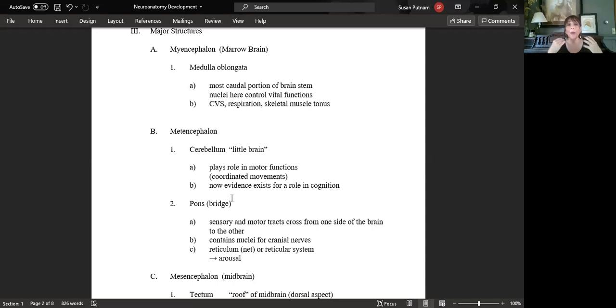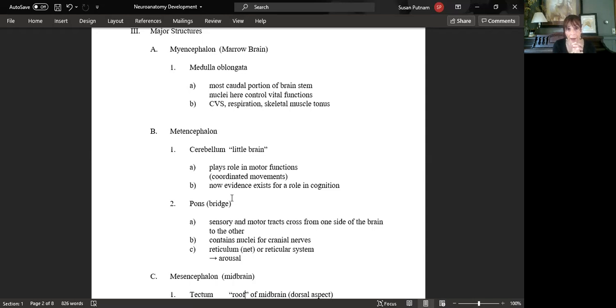Anyway, when we move up from the myelencephalon into the metencephalon, still part of the hindbrain, we have one very important structure along with some other important things going on there, and that is the cerebellum, which literally means little brain.